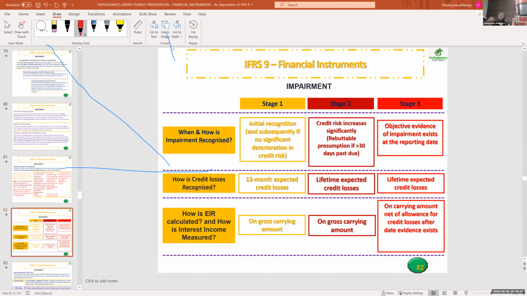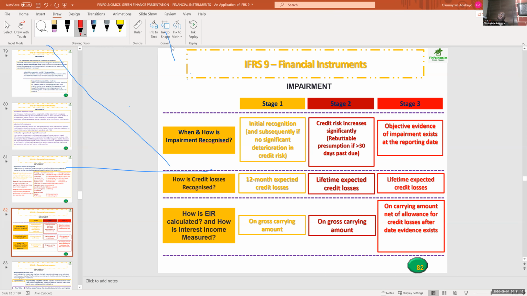But every other one will be classified as stage 1. On no condition upon initial recognition can you classify a financial asset as stage 2. No. It's either stage 1 for all financial assets except credit impaired, or stage 3 for credit impaired at origination. Stage 2, you can't enter into this bucket from initial recognition. It's not possible.